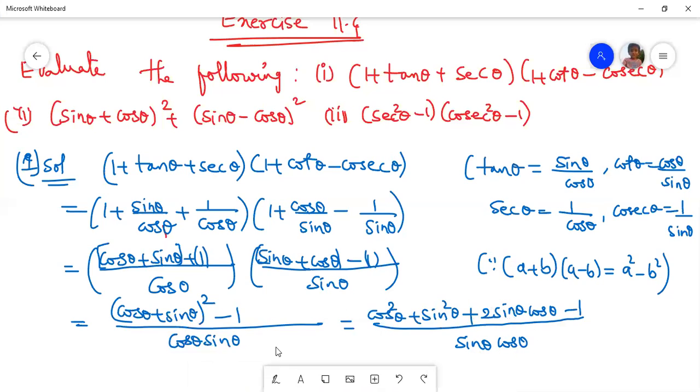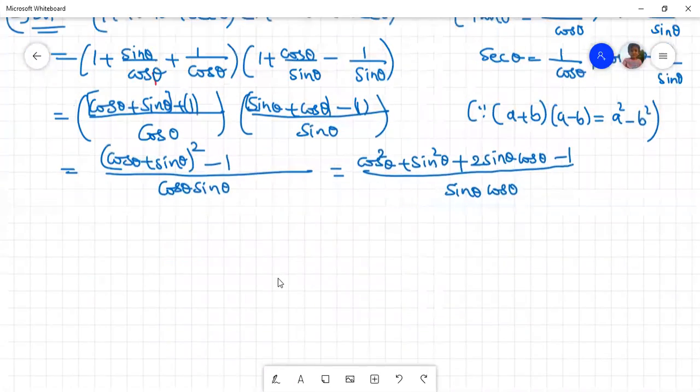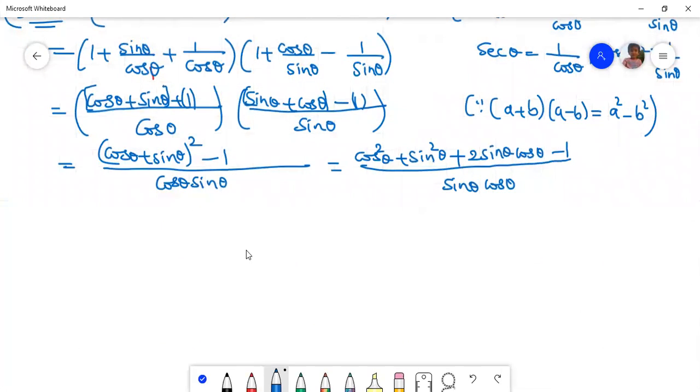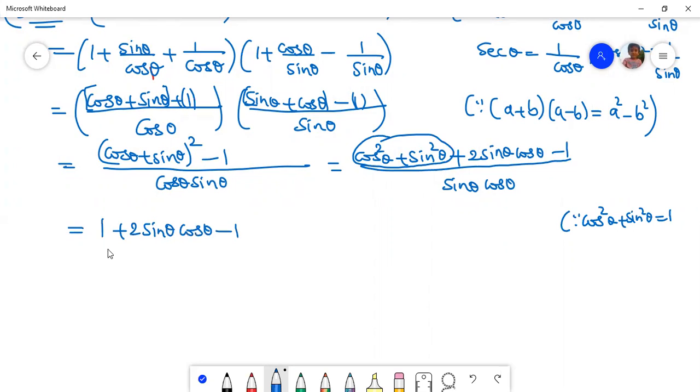Next, by using the identity. What is the identity? We know that cos square theta plus sin square theta equals 1. In the place of cos square theta plus sin square theta, we can write 1, plus 2 sin theta cos theta minus 1 by sin theta into cos theta. Plus 1 minus 1 cancel.